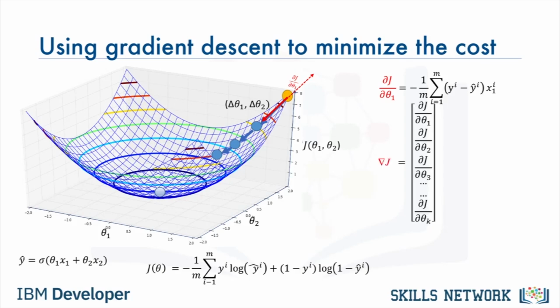A vector of all these slopes is the gradient vector, and we can use this vector to change or update all the parameters. We take the previous values of the parameters and subtract the error derivative. This results in the new parameters for theta that we know will decrease the cost. Also, we multiply the gradient value by a constant value mu, which is called the learning rate. Learning rate gives us additional control on how fast we move on the surface.